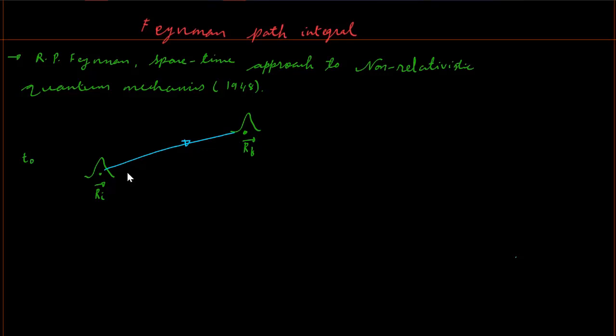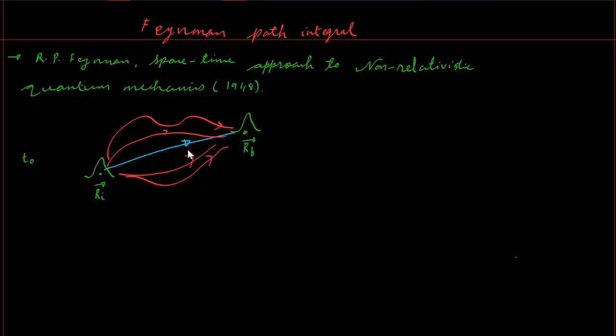Okay, but according to quantum mechanics, or according to Feynman, the quantum particle goes over all the possible paths. So for the quantum particle, there are an infinite number of possible paths like this from the initial position to the final position.